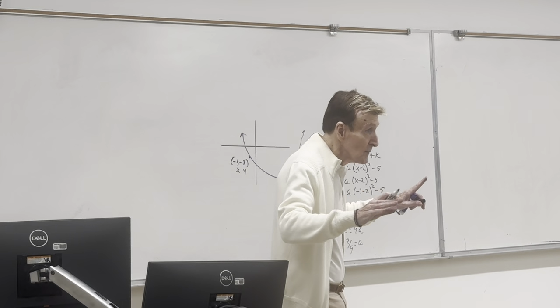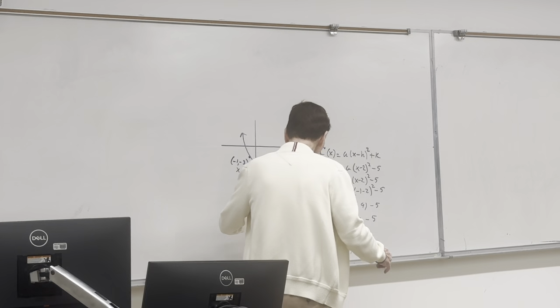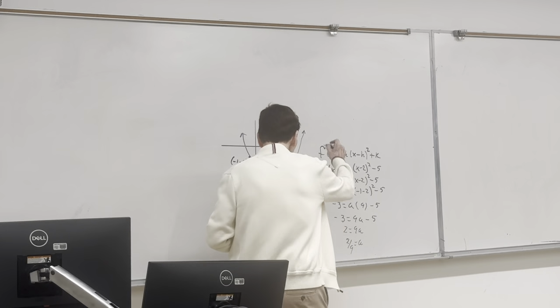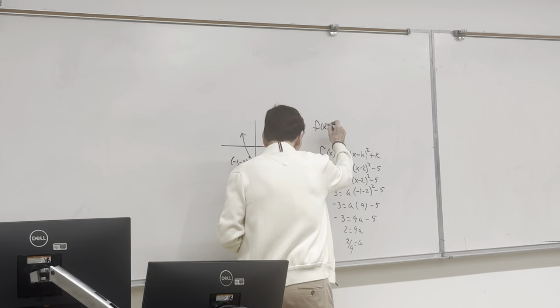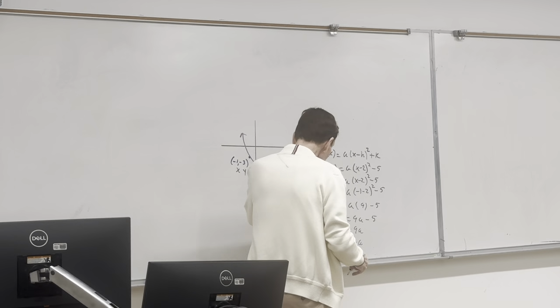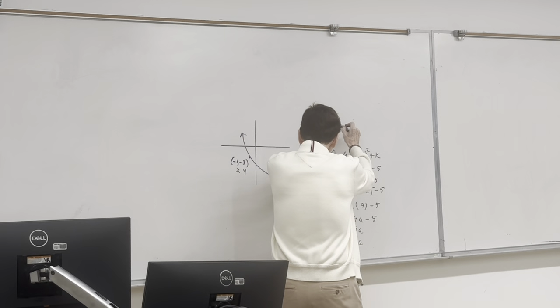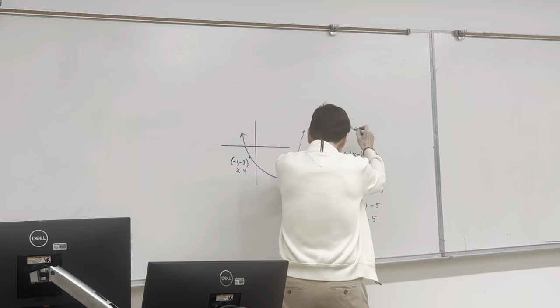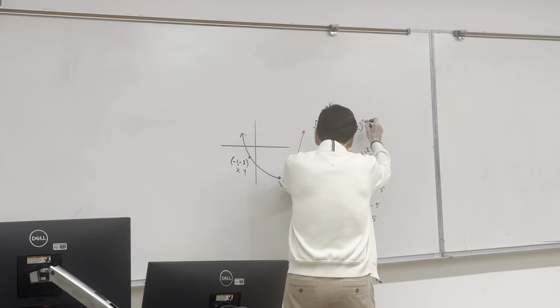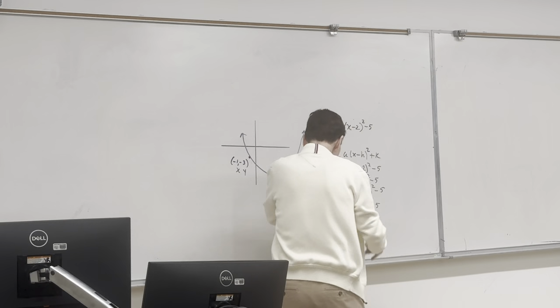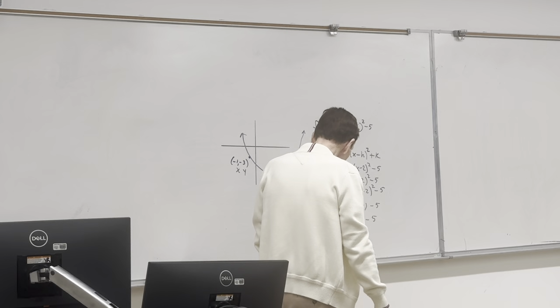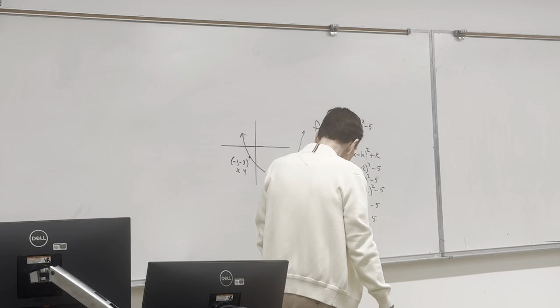Is it 2/9? Therefore, if you want the equation that matches that purple function, it's this. a is 2/9, and then x subtract 2 squared, subtract 5. Is it 2/9, guys?